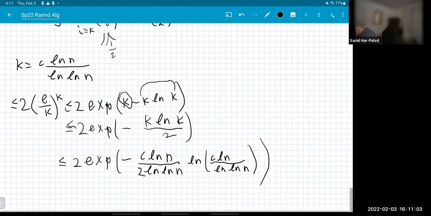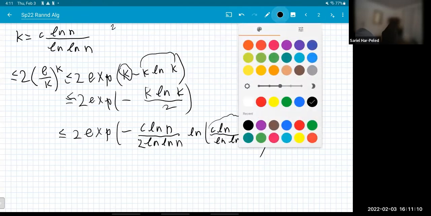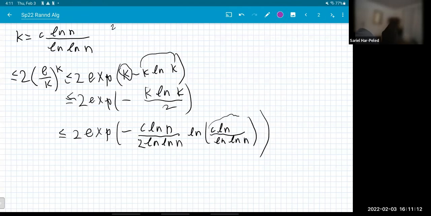Now, the important thing to observe is that what's written here, let me maybe use a different color. This is roughly ln ln N, right?